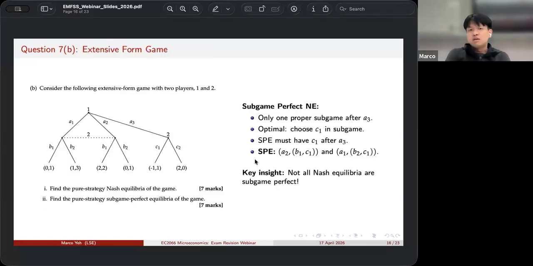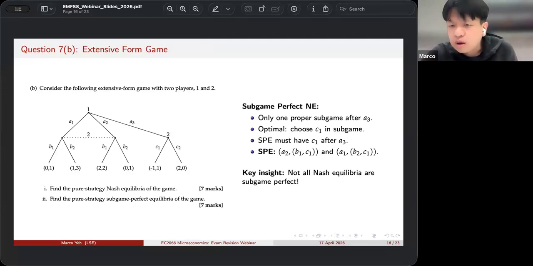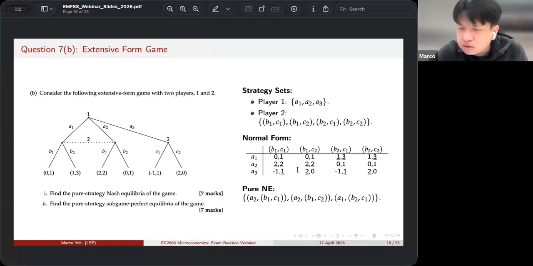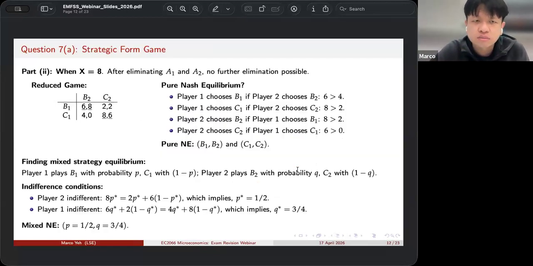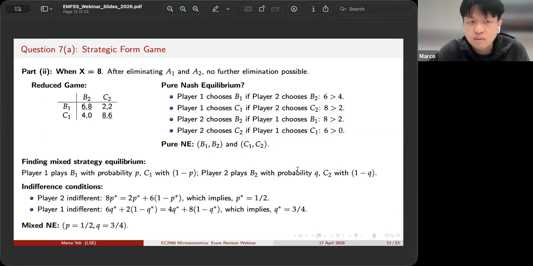Okay. Any questions regarding the extensive form? I think I got one question from the previous question. If player 1 chooses B1, isn't the payoff of A greater than 2 instead of 6 greater than 4? A greater than 2, 6 greater than 4.